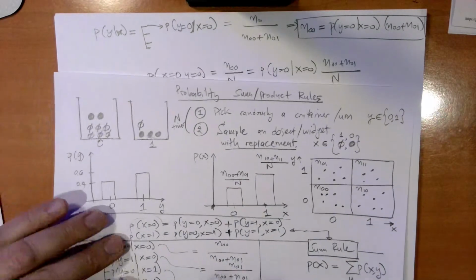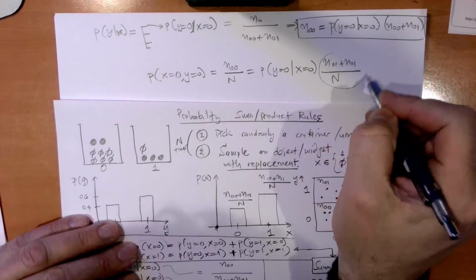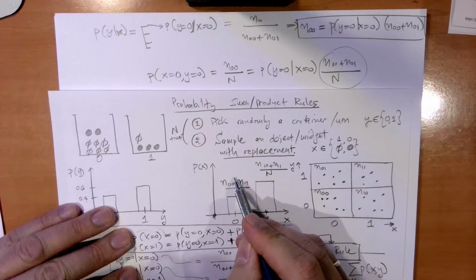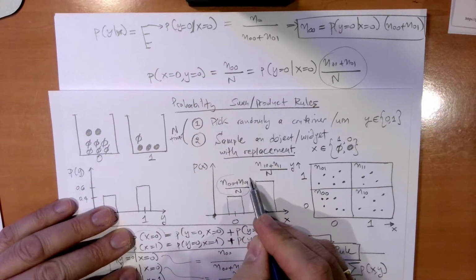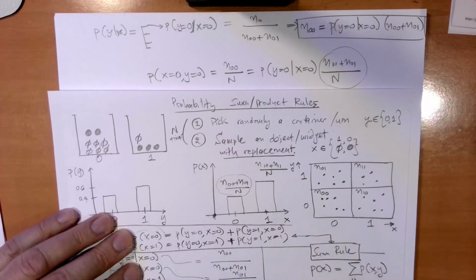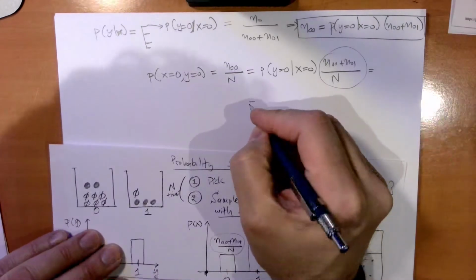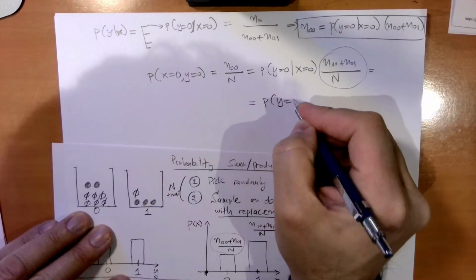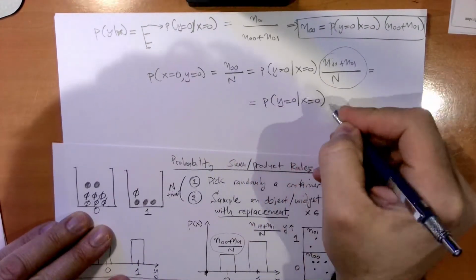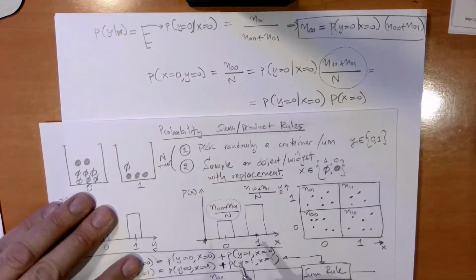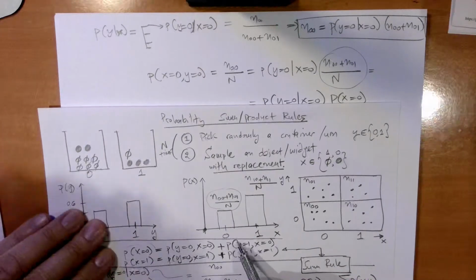Well, look at this. This part over here is exactly what we called the probability of X is equal to 0. So effectively we can write this expression as P of Y is equal to 0 given X is equal to 0, times P of X is equal to 0, from this diagram over here.